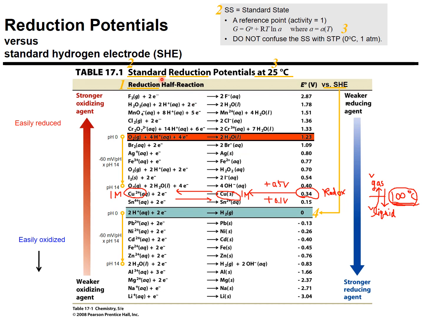It means this reduction potential is at activity equal to 1. Also, 25 Celsius degree is the temperature at which the standard reduction potentials are measured. The fourth point is that we have used the standard hydrogen electrode.